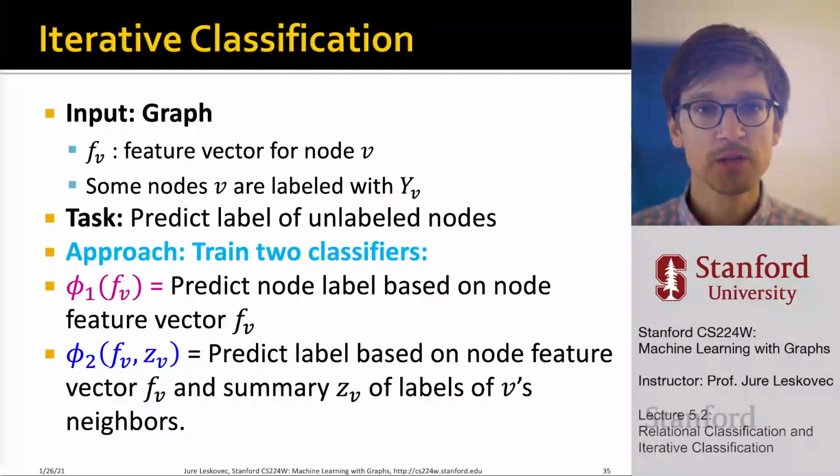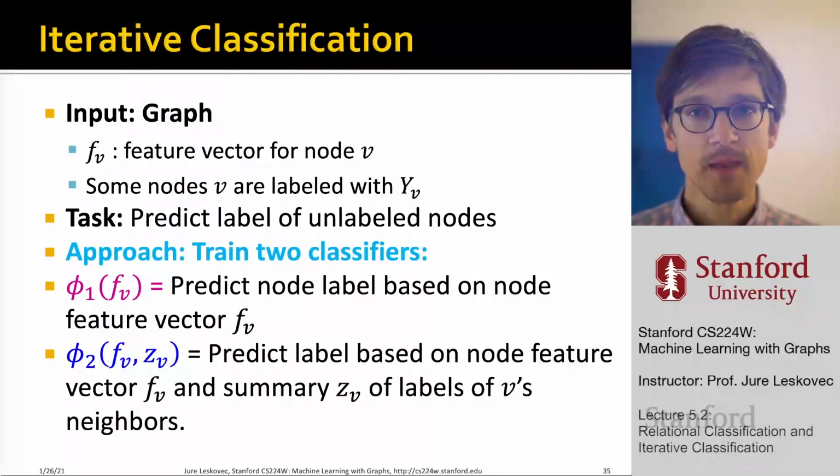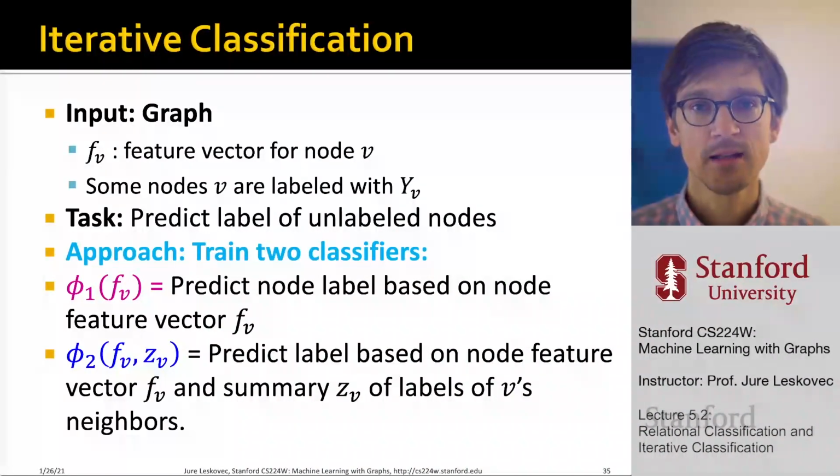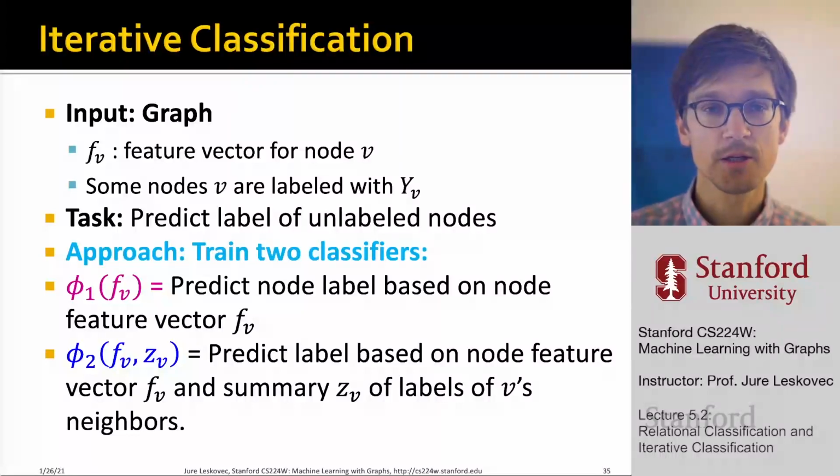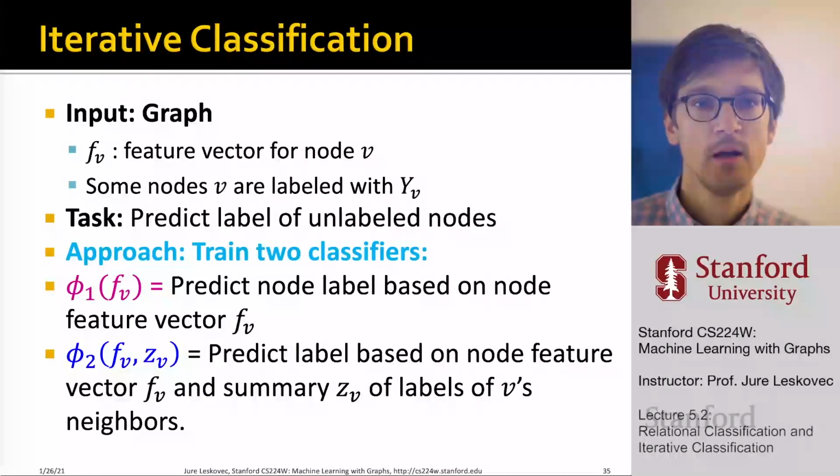And then we are also going to train another classifier that will have two inputs. It will have inputs about the features of node V, and it is also going to have this additional input, this vector Z, that will summarize the labels of V's neighbors. So this means that now we are making predictions with this classifier phi2 using two types of input.